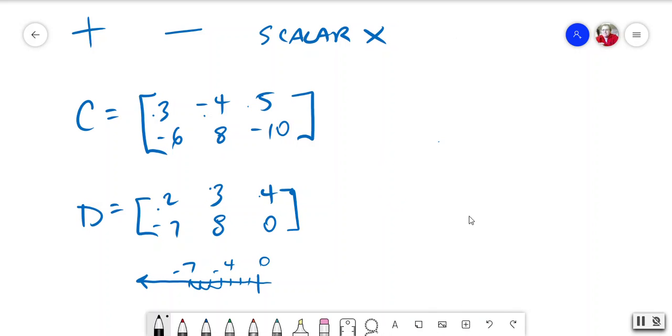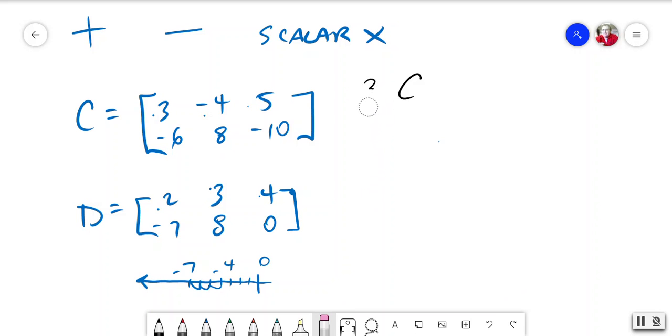But what I am going to talk about is if you had something like 3 times matrix C. Let me see if I'm using the correct terminology, using the dot the way your book shows it. They're not even showing the dot, so it's okay.